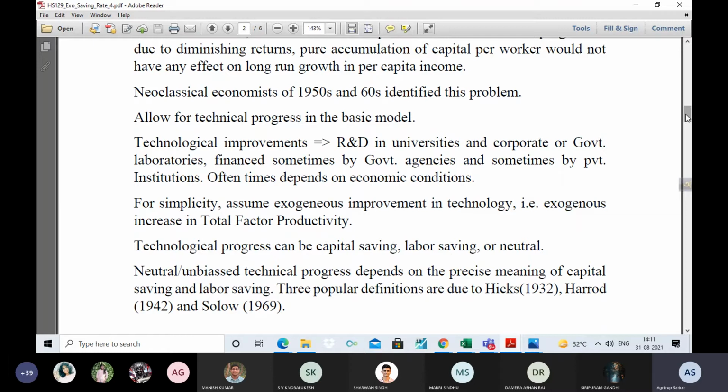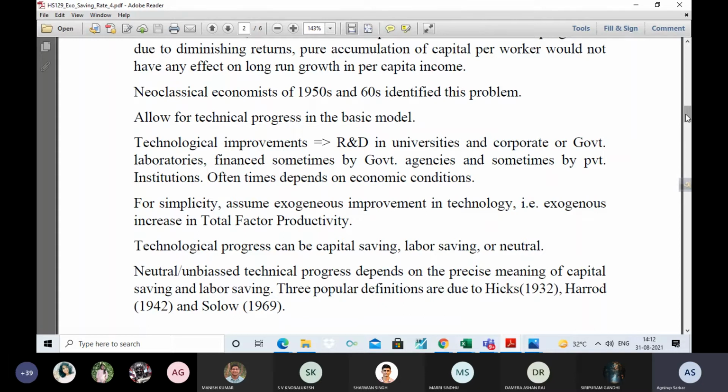Capital saving if inventions allow producers to generate the same amount of output with relatively less capital. And similarly, labor saving technological progress if the same happens with labor. That is, if inventions allow producers to generate the same output for relatively less labor, right? So that would be labor saving technological progress.